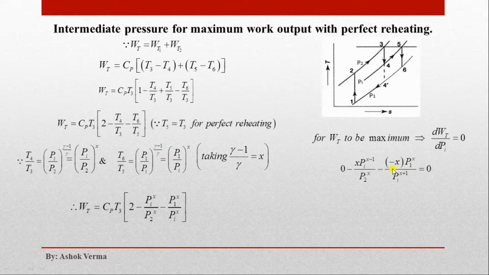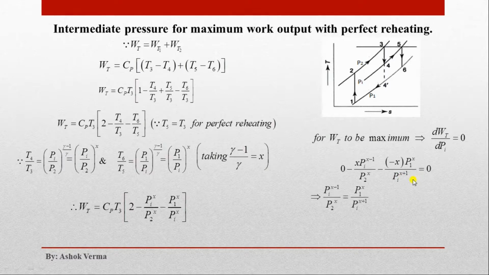So you will find that this is constant, so it will be 0, and P2 is also constant, only Pi is the variable. So this will be x into Pi to the power (x minus 1) upon P2 to the power x, minus, here Pi is in the denominator, so minus x into P1 to the power x upon Pi to the power (x plus 1), equal to 0.